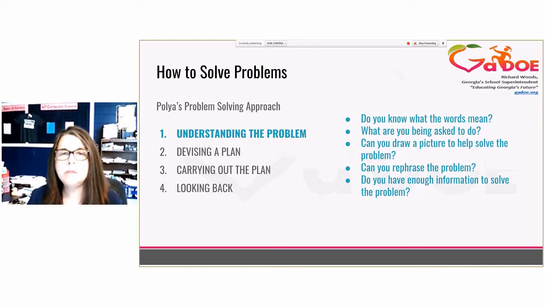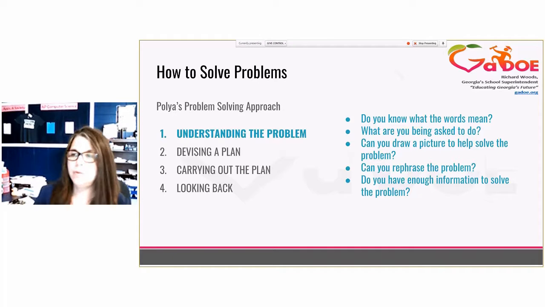So in terms of computers, or in math, if you're given a problem, a word problem or a project or a prompt, an FRQ, you have to be able to unpack the problem. Make sure you understand what the words mean. What are you being asked to do? You should be able to restate the problem.